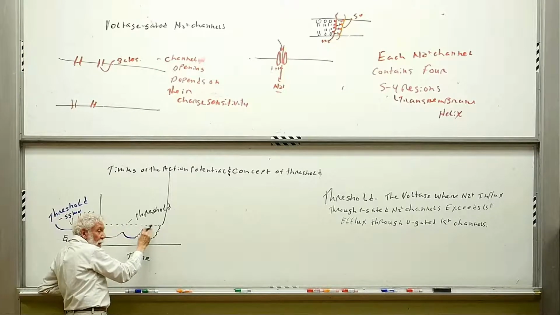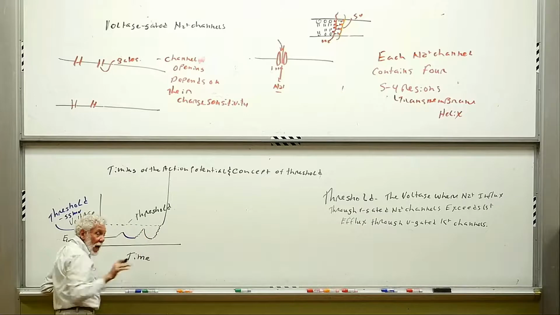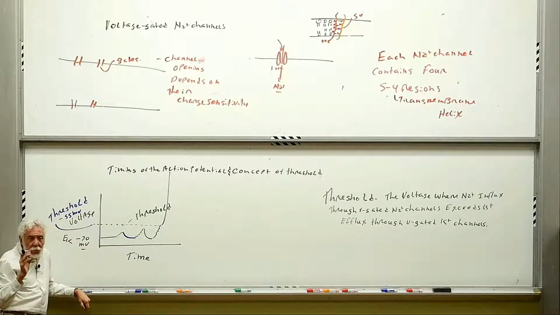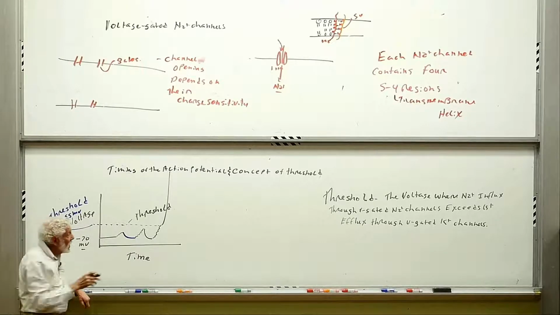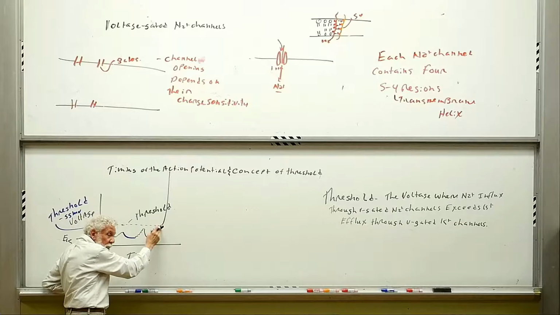When we reach this magical point, threshold, we're kind of on a teeter-totter. We're on a knife edge. And at that knife edge, if sodium influx becomes greater than the ability of the potassium leak channels to carry the charge out, we're going to start accumulating charge.